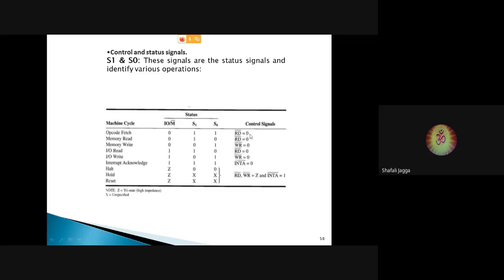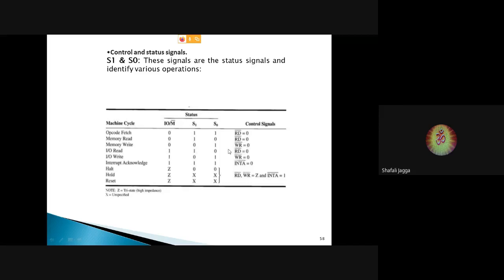For opcode fetching, the control signal read bar should be activated, since fetching means reading the opcode, and the opcode is always read from memory. So the read bar signal should be active. Active means it should be 0. Then again, for memory read, the read bar signal should be active. And in the case of memory write, the write bar signal should be activated, which means write bar should be 0.